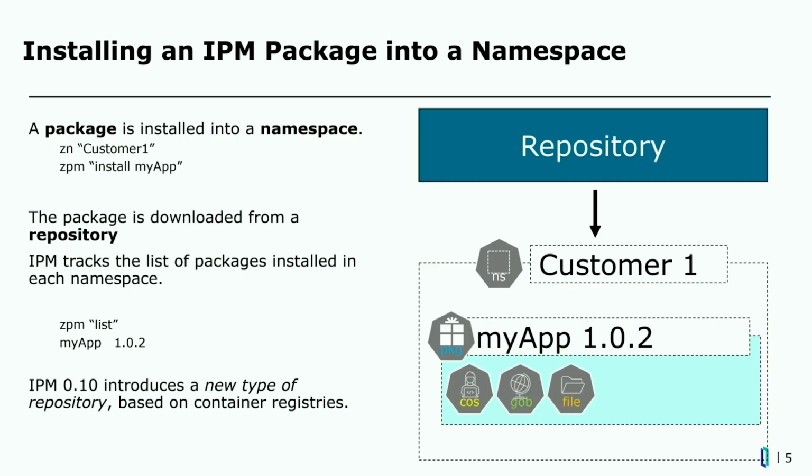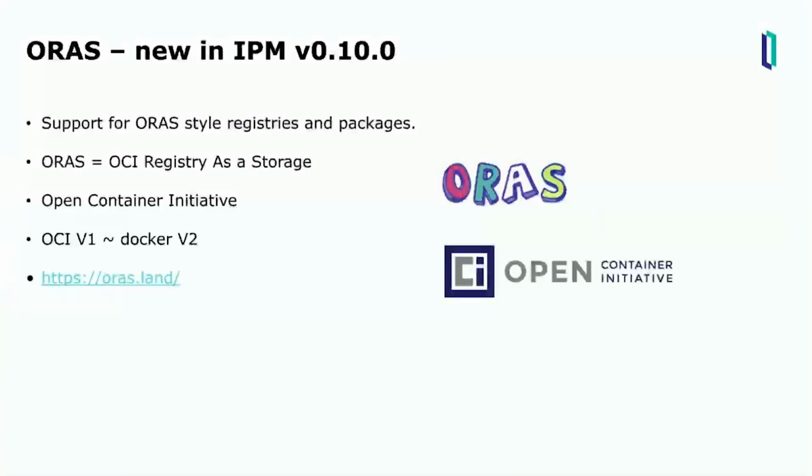So in the past, we've had a built-in registry that it knows all about. We're changing that so that you can use a container registry, that you use for your Docker containers, for your package managers. So to talk about that, we have Eric.